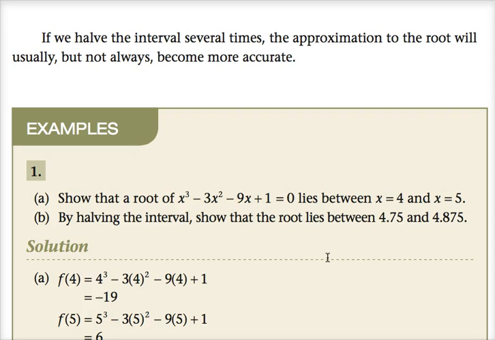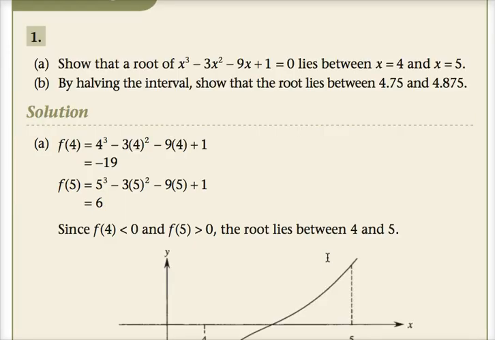All right, now let's look at these examples. Don't write them out. We'll write out some of the questions from the exercise. Here's our first question. Show that a root of this polynomial lies between 4 and 5. So they do f(4) and get a negative answer.